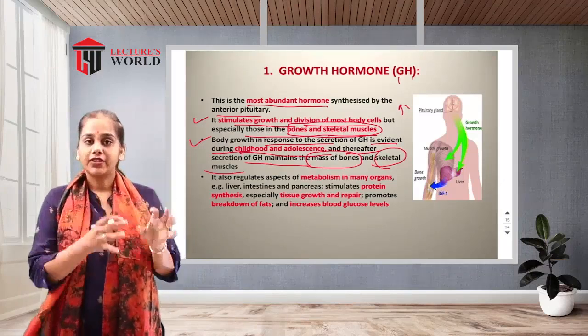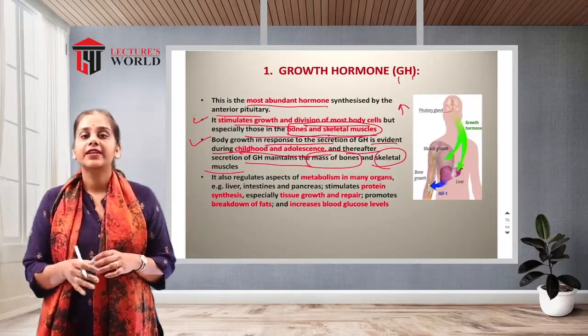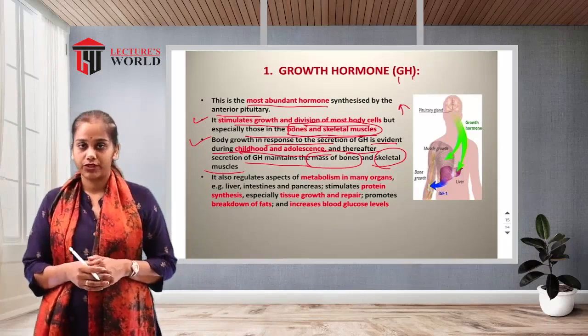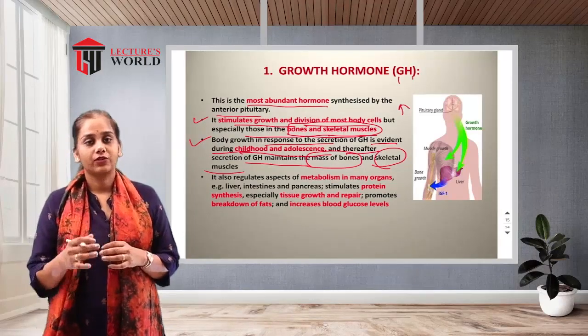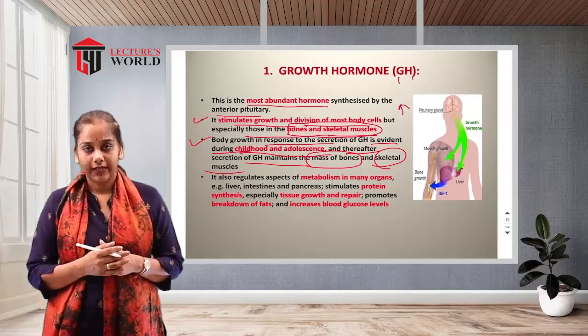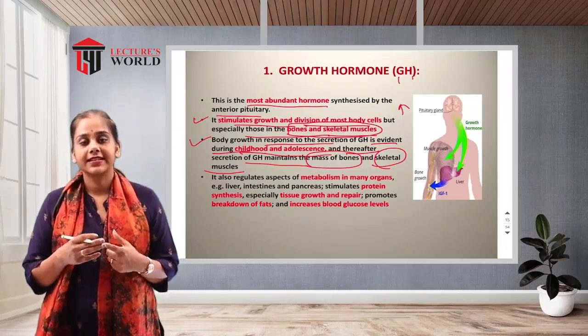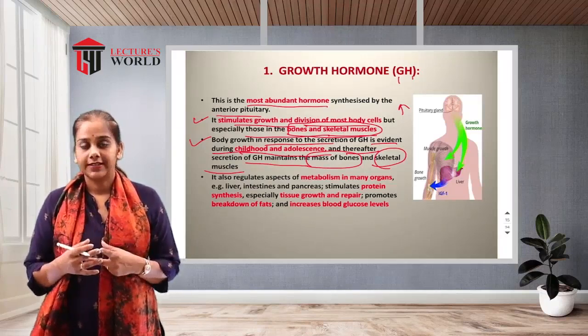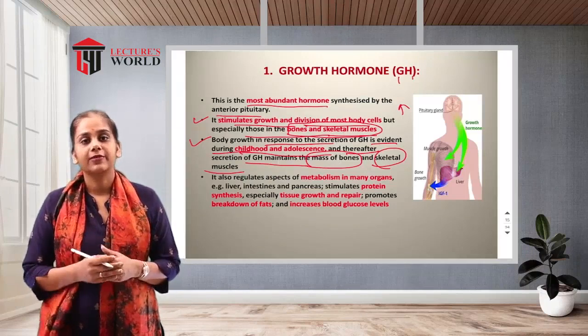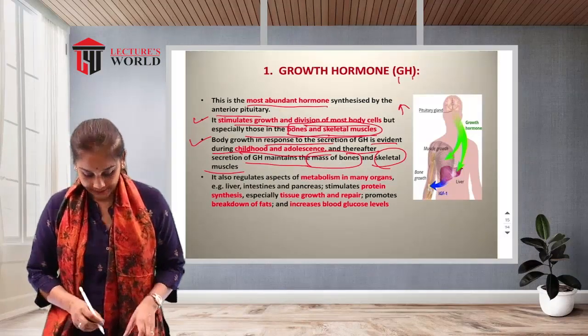After adolescence there is inhibition of growth hormone, so after adolescence the height does not increase. Muscle mass also does not increase, and the size of the bone stays constant.